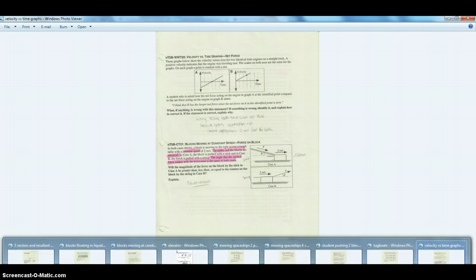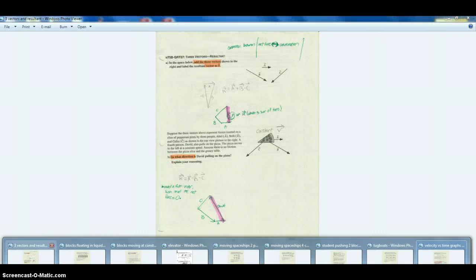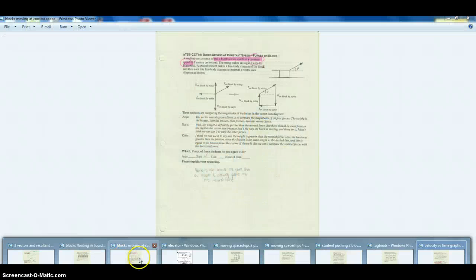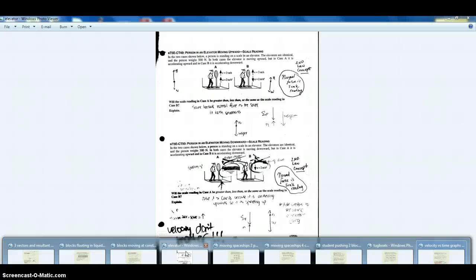And just to have a quick overview, just to tell you what worksheets I did, let's go in order. The first one, 3 vectors, resultant, NT5B-QRT27. Number 2, NT5B-RT10, which is the blocks floating in liquids. Next one, NT5B-CCT19, block moving at constant speed. Elevator, NT5E-CT49.